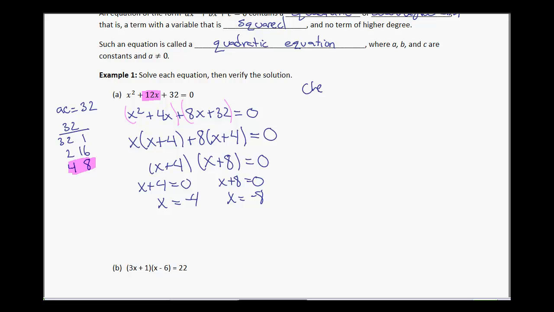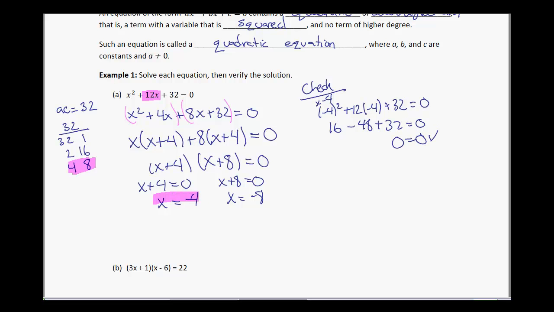So let's go ahead and check and sub back into our original equation. X equals negative 4. We have negative 4 squared plus 12 times negative 4 plus 32 equals 0. 16 minus 48 plus 32 equals 0, and 0 does equal 0.